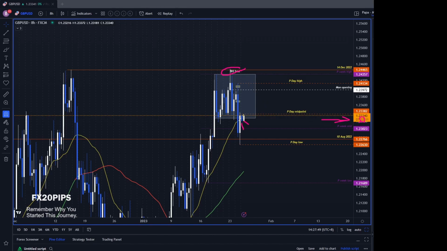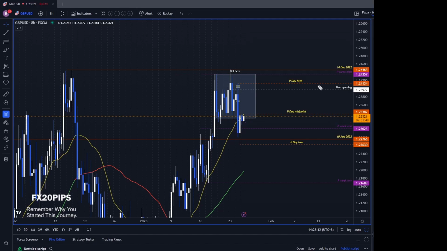I have some other markings shown here, which is the previous week high. Price dropped yesterday to below the previous week midpoint, and now it is retracing a bit.